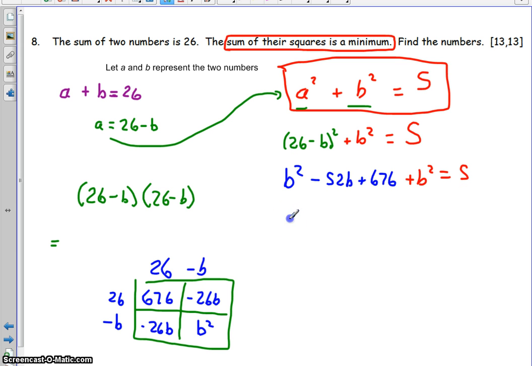So you collect all your like terms together, you wind up with 2B squared minus 52B plus 676. Okay, so from here, again, I'm trying to find the value of B in this case that makes this entire thing a minimum. So I'm looking for the axis of symmetry, and again, with all the things we've looked at from standard form to find the axis of symmetry, completing the square, partial factoring, probably the fastest way I showed you was to use that trick where x equals negative b over 2a for the axis of symmetry.